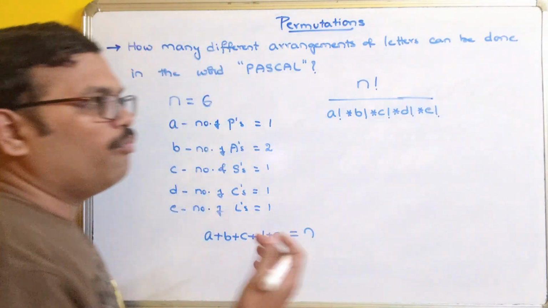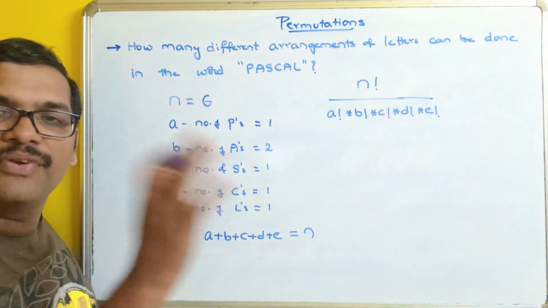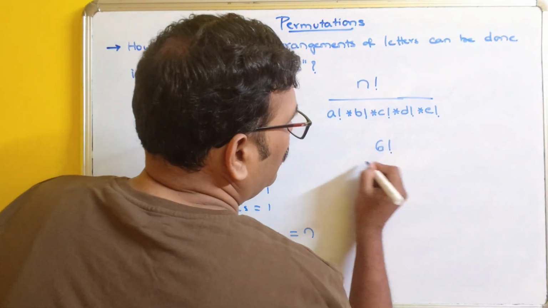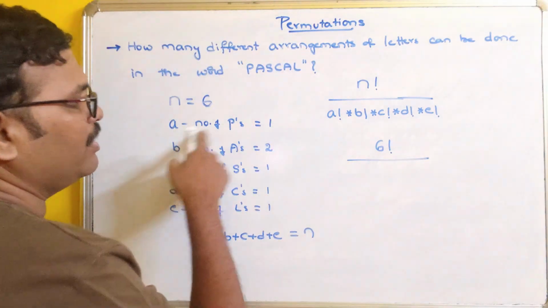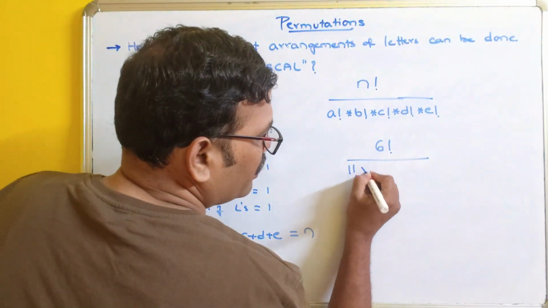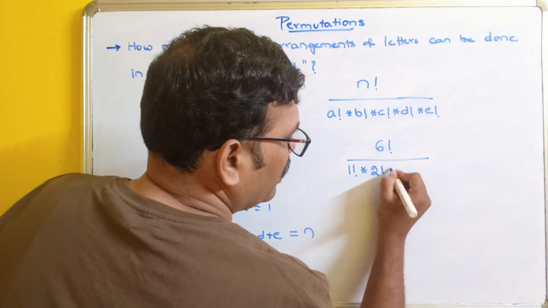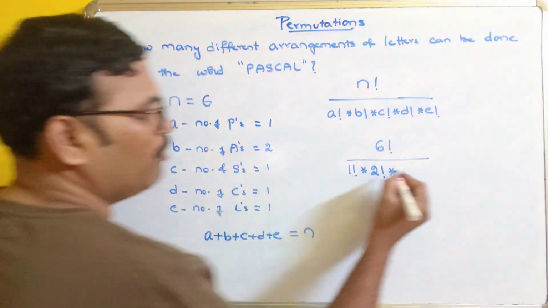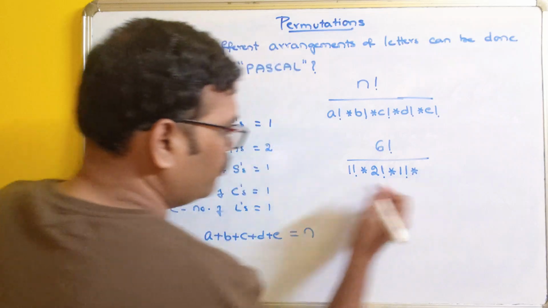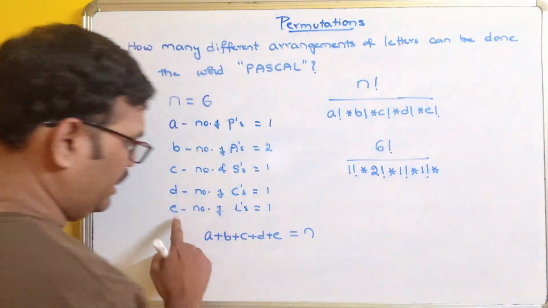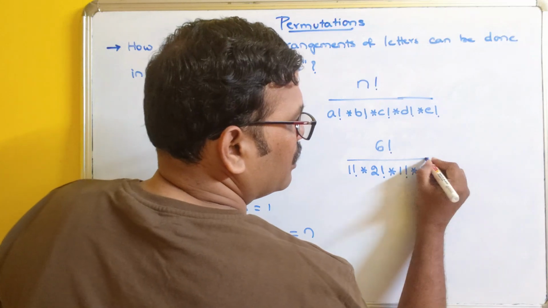Whatever characters we are having, we have to write everything. So solve: 6 factorial divided by 1 factorial into 2 factorial into 1 factorial into 1 factorial into 1 factorial.